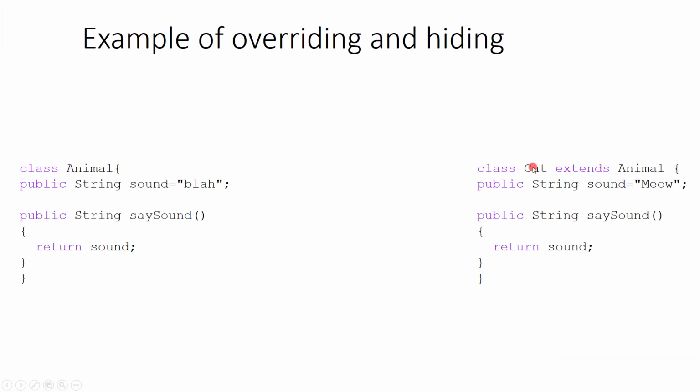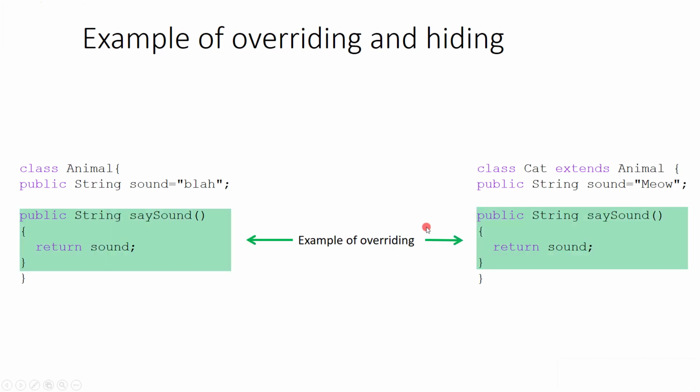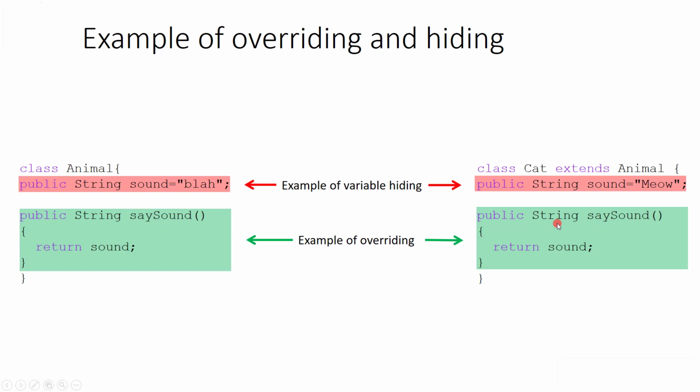The other class, Cat, is a child class of Animal, and it has the same variable sound initialized to a different value, and then the same instance method, saySound. These instance methods would of course be an example of overriding because they have the same input and output signature. And these variables would be an example of variable hiding.